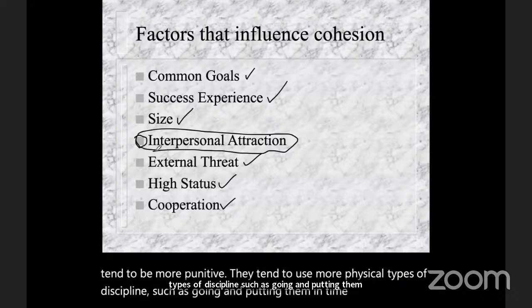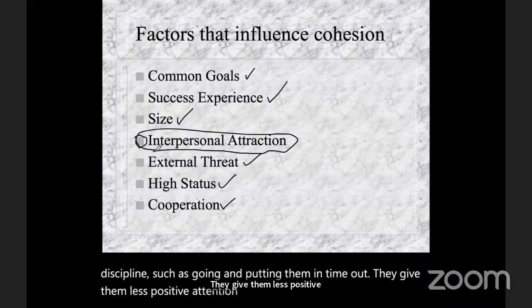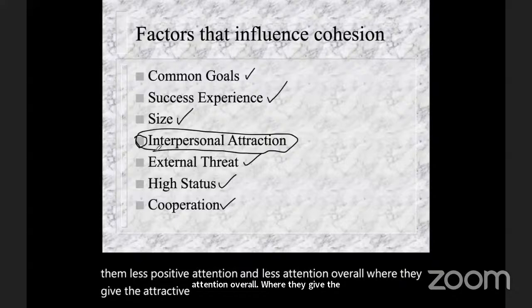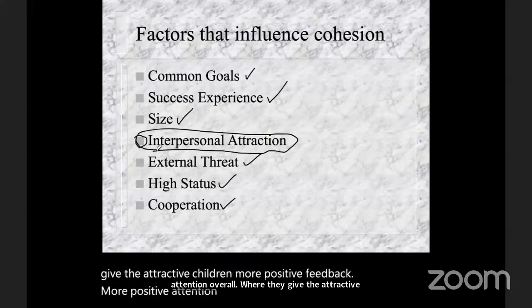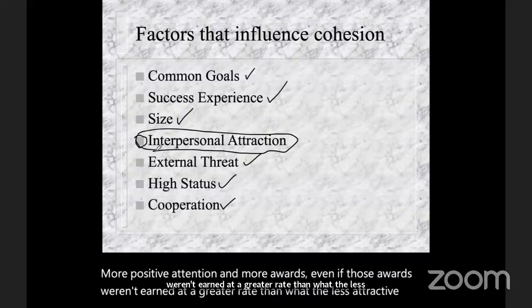They give them less positive attention and less attention overall, where they give the attractive children more positive feedback, more positive attention, and more awards, even if those awards weren't earned, at a greater rate than what the less attractive children are receiving.